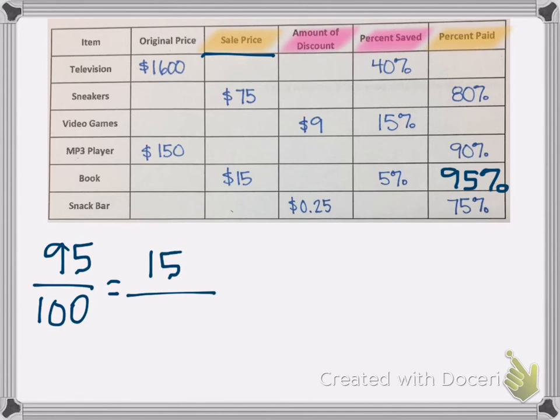So now I need to find a constant. And well, it's not a nice one, so I'm going to use a double number line. So here's our double number line.